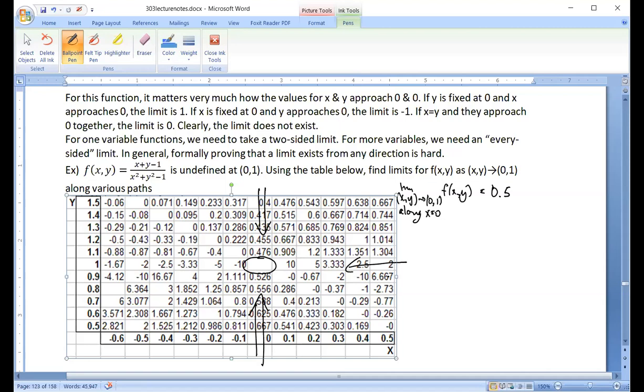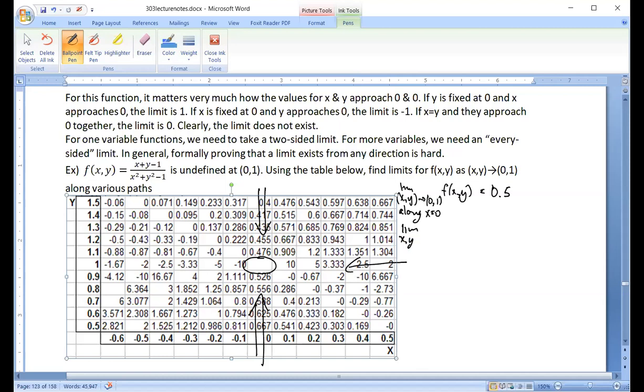Function value is increasing. Now, what is it increasing towards? You can't necessarily see it from this table, but if we were to include some more precise values, we have x is 0.1. What if we did 0.01 or 0.001? You'd see the function value getting much bigger and much bigger. So what's actually happening there is that it's going to positive infinity.